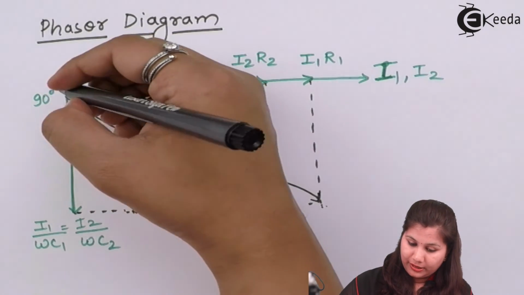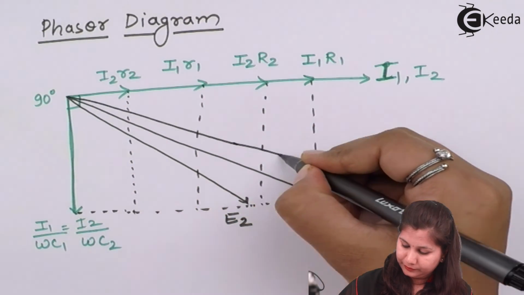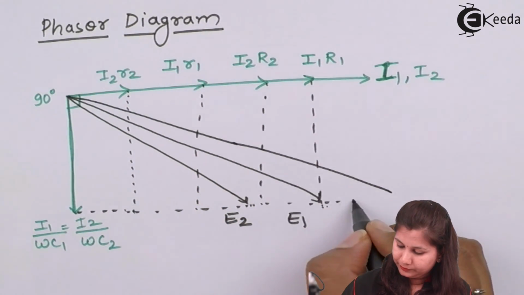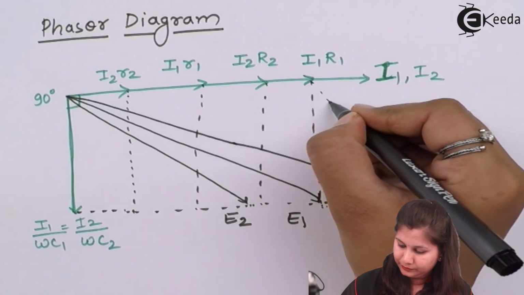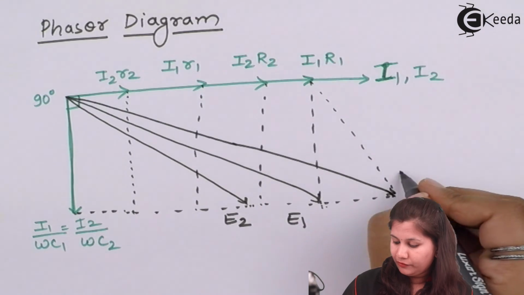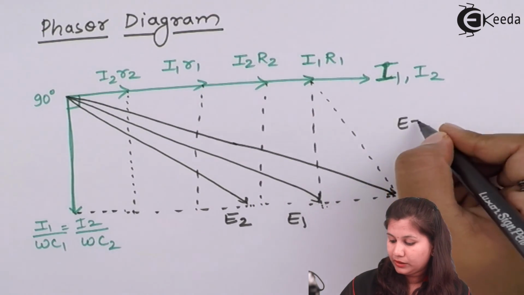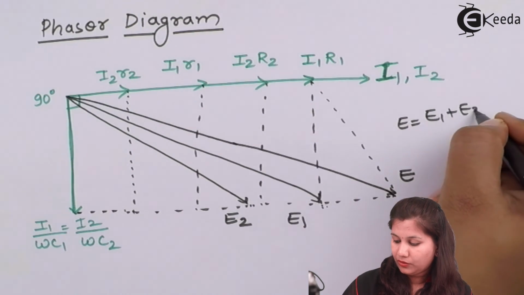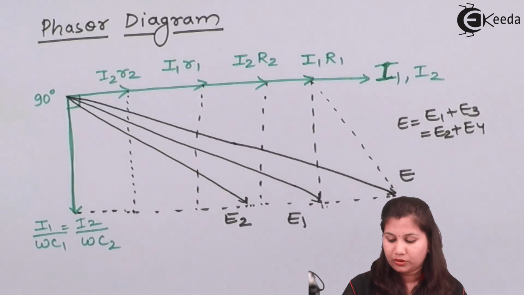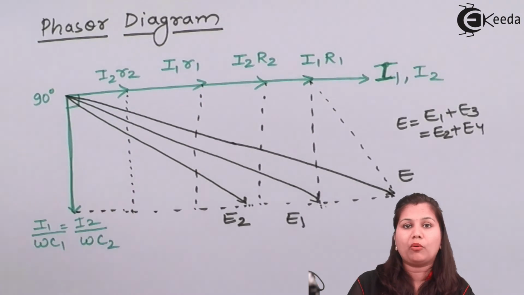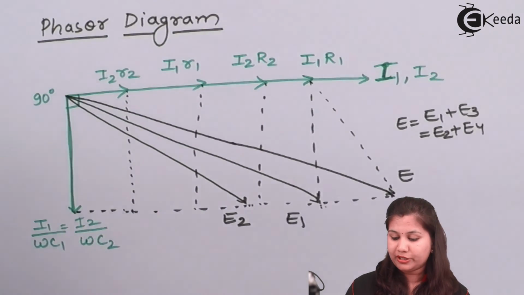So if we extend this, we will get the voltage E, which is the sum of E1 plus E3, or we can say E2 plus E4. So this is the phasor diagram for the modified De Sauty bridge.